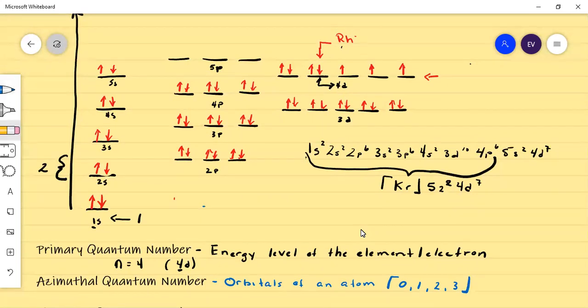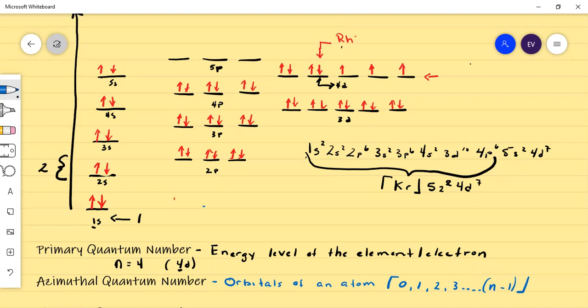And basically, when you select the numbers, the highest value you can go to is n minus 1. And I'll show you what that means in just a second. So when we're dealing with the azimuthal quantum number, the highest value is n minus 1.